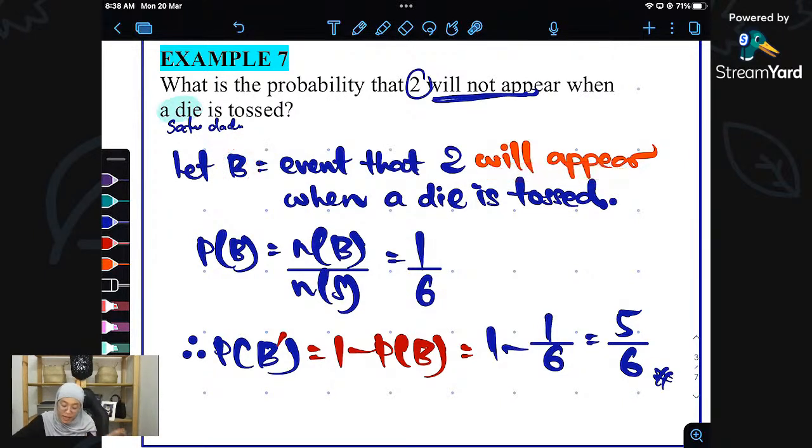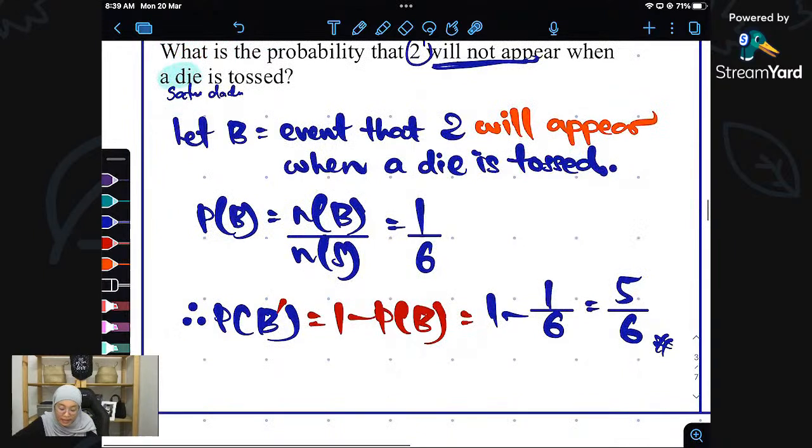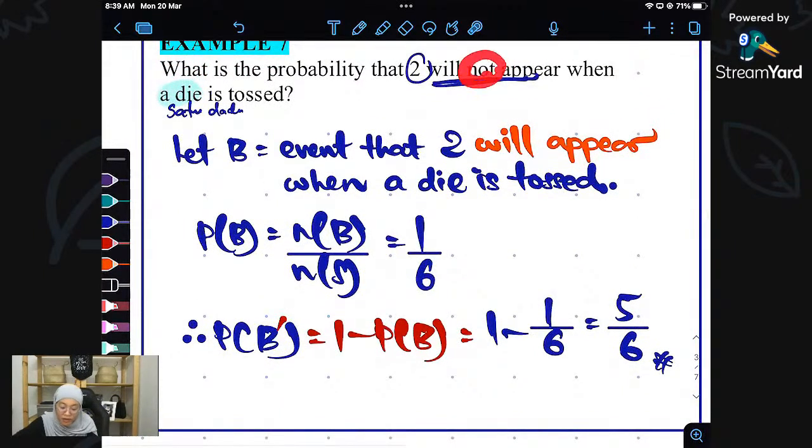So will appear meaning how many of it? 2 is not 1% chance, it is 1 out of 6 chances. 1 out of 6 chances that number 2 will appear when I throw a die. Okay. 2 ni, permukaan 2 pada dadu itu adalah 1 daripada 6 chances to get the number 2 when I throw the die, right? So let's say I want to find the not appear one, okay?